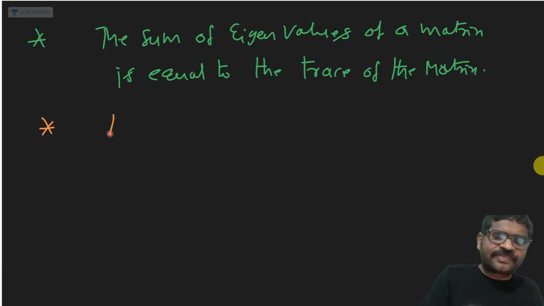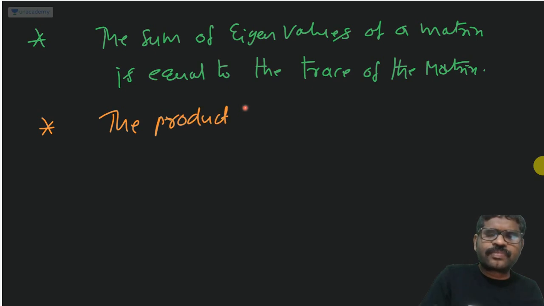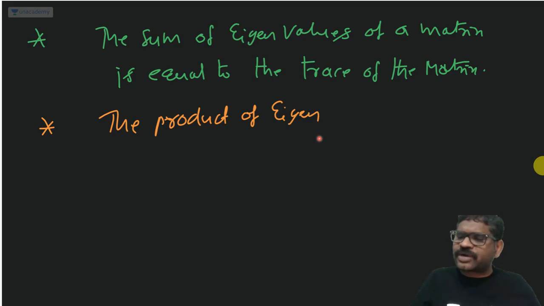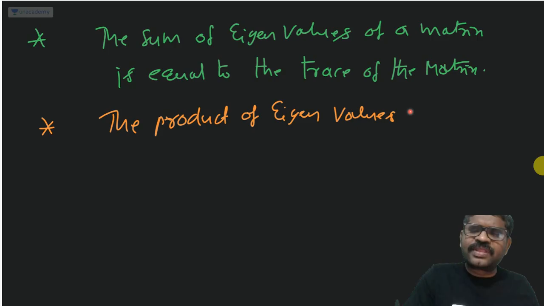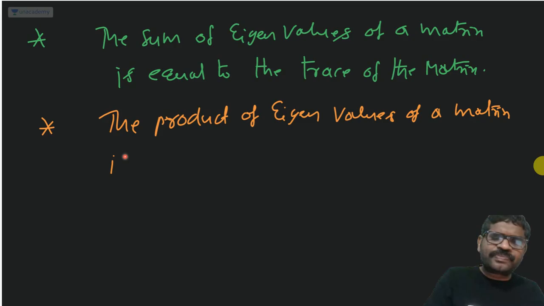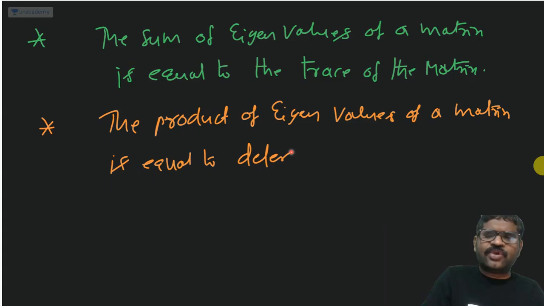Next property. The product of eigenvalues of a matrix is equal to the determinant value of the matrix.